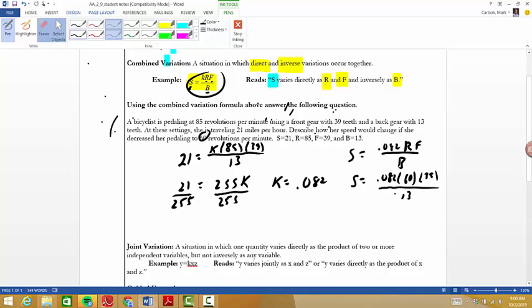Now I'm going to use my calculator to come up with that value. If I do that, I would get a speed of 15 miles per hour. So by decreasing our revolutions from 85 down to 60, our speed is going to go down to 15 miles per hour.